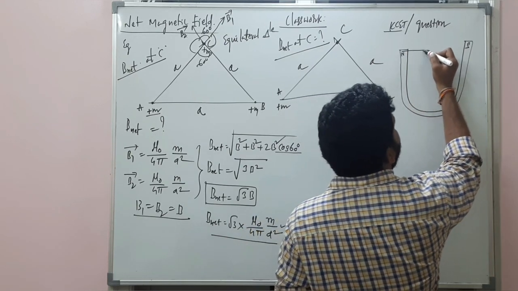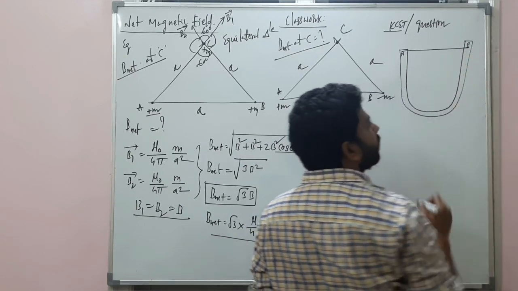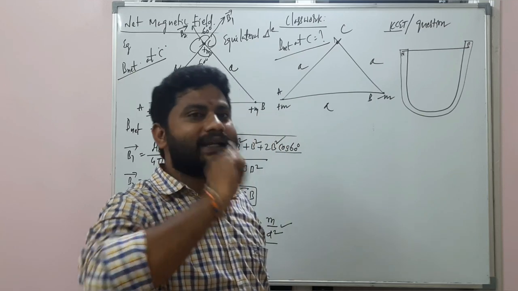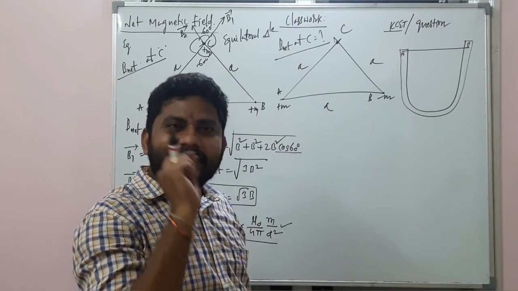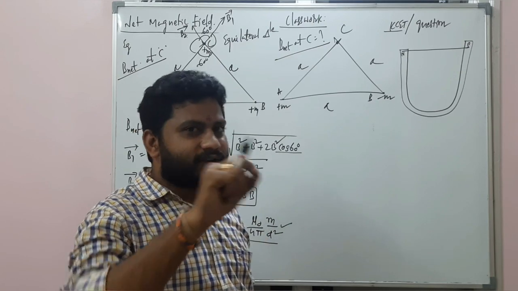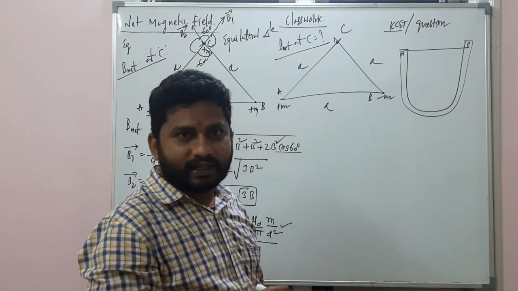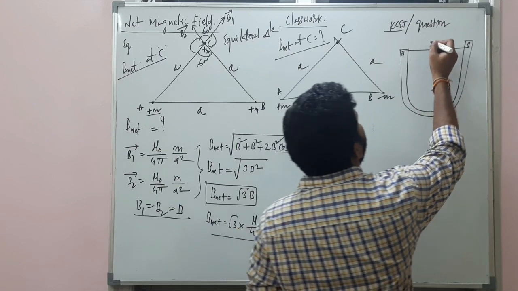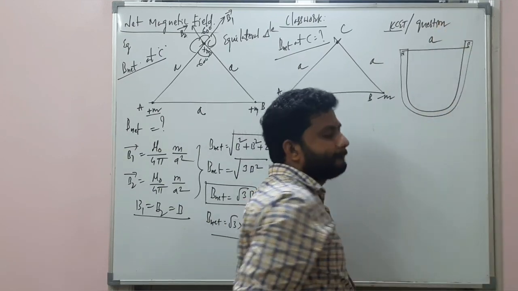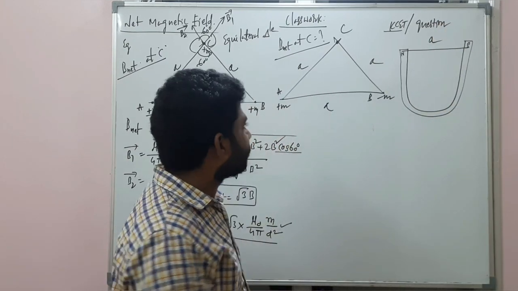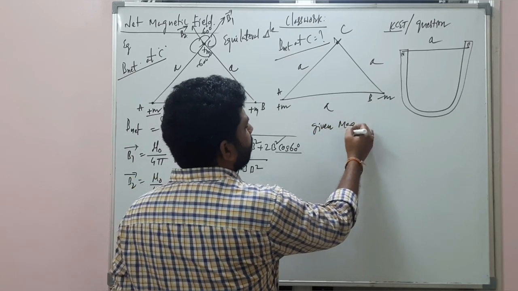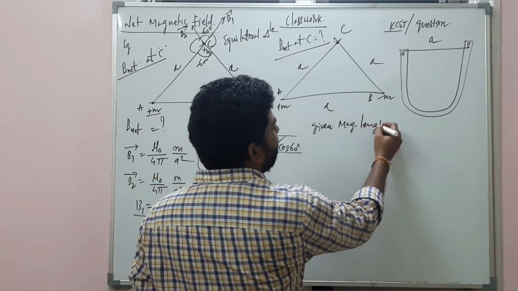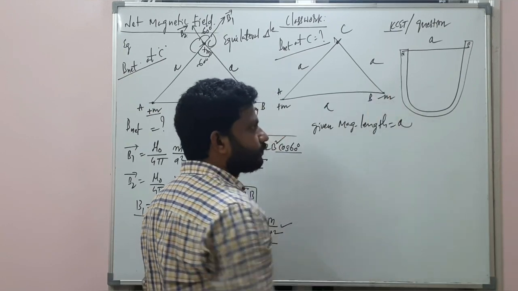They have given the magnetic length. What is the magnetic length? The straight line distance between the two poles. That's called the magnetic length. And they have clearly given that the magnetic length is A.